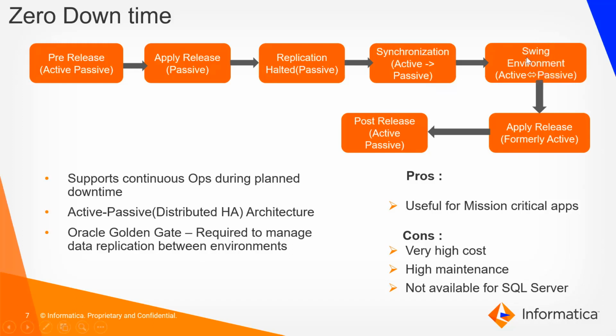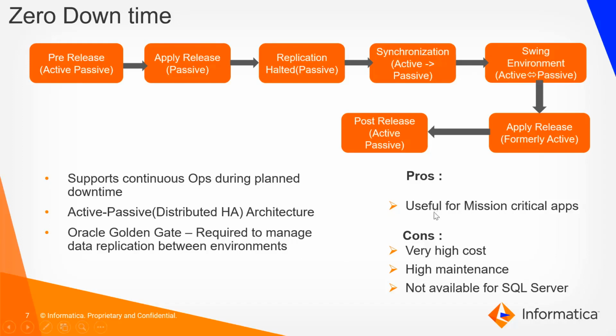Now the swing environment step is basically the active becomes the passive environment and the passive becomes the active environment. Then we apply the release, which means the upgrade of the formerly active environment, and after that we have both active and passive with the upgraded versions.